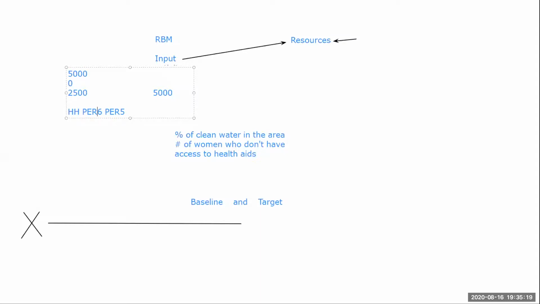So when you are targeting beneficiaries, when you say 5,000, you may be talking about 5,000 families if it is an emergency project, but in early recovery you will target people or individuals, and in development you will mainly target individuals, and sometimes families, depending on the services you are providing.